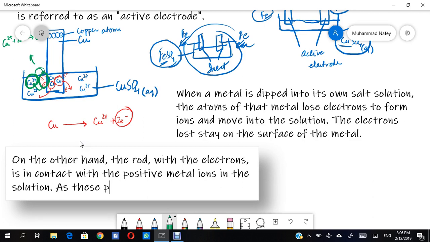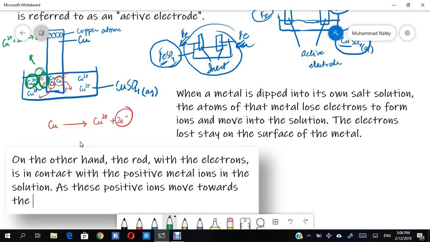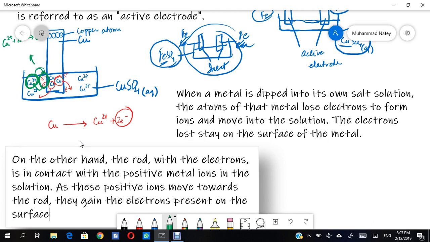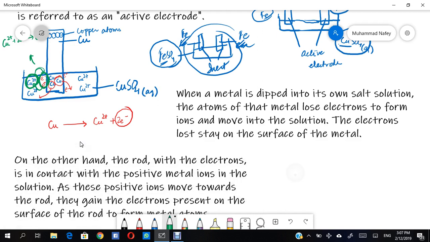As these positive ions move towards the rod, they gain the electrons present on the surface of the rod to form metal atoms. Yeah, that's it.